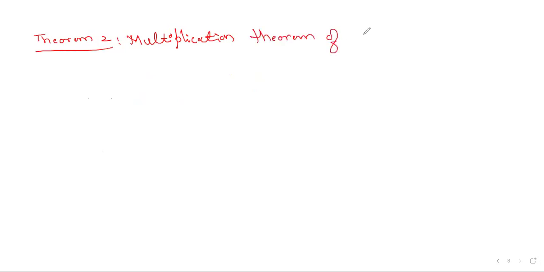Now we have theorem number 2, multiplication theorem of expectation. Same as before, we have the statement.